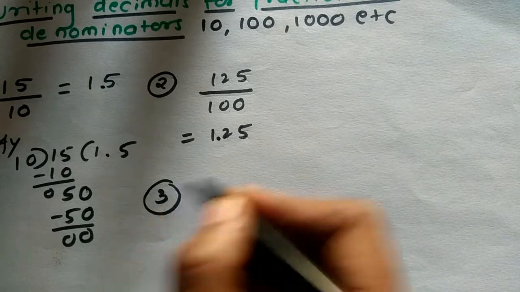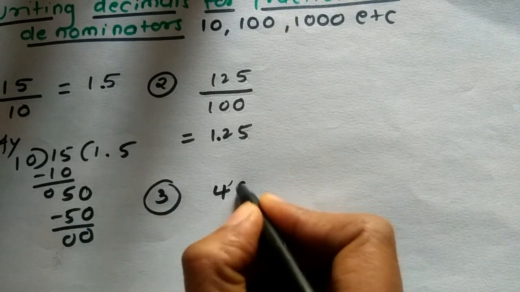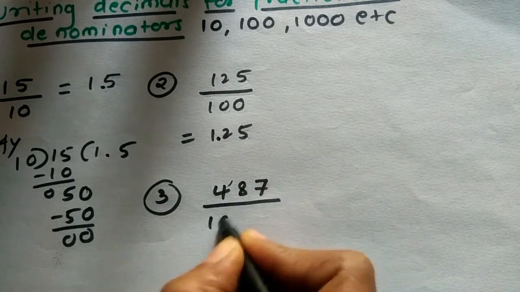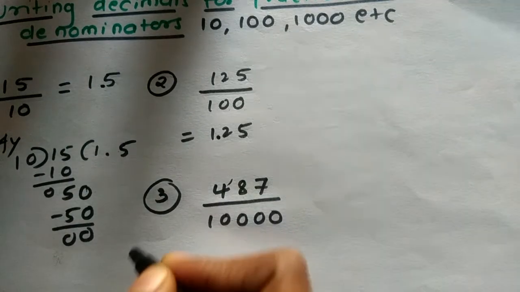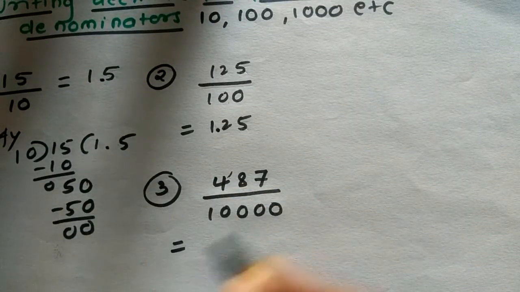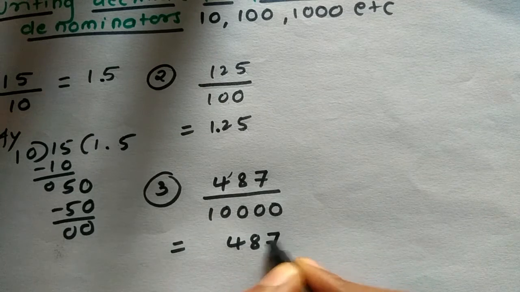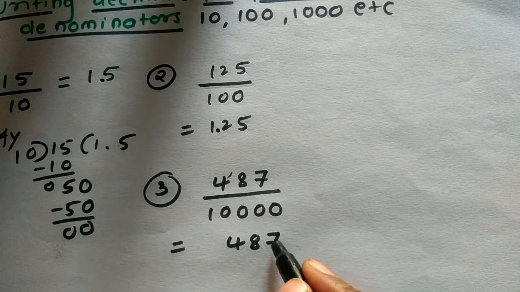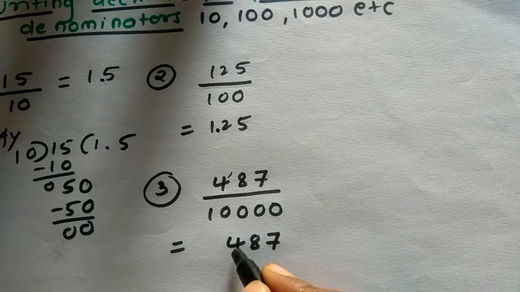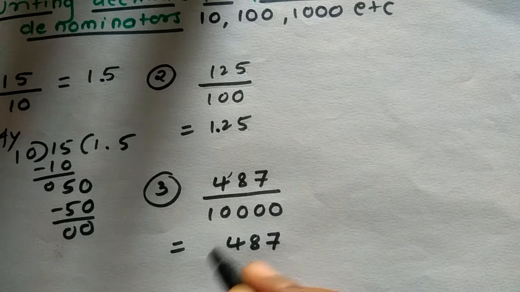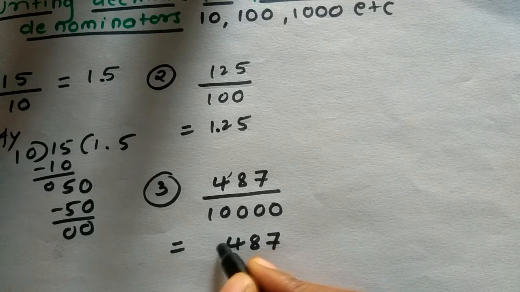Let us take one more example here. Any example you can take. 487 upon 10,000, I'll show you. This is quite different. Write 487 as it is. How many zeros are there? 4 zeros. But here we have only 3 digits. 1, 2, 3. One more digit we need here, isn't it? That digit can be 0.